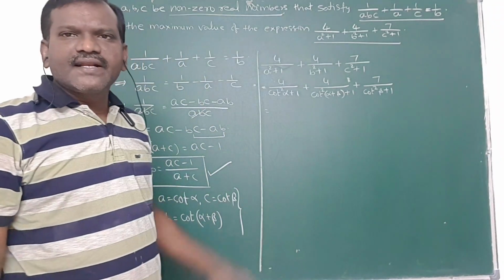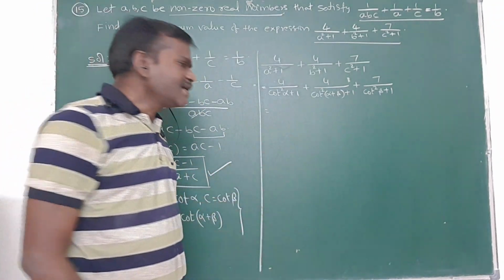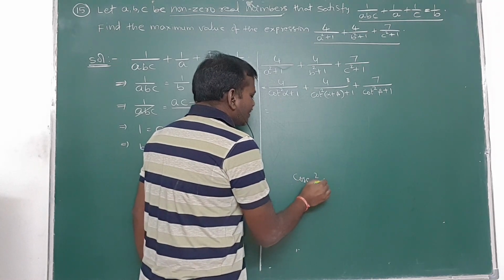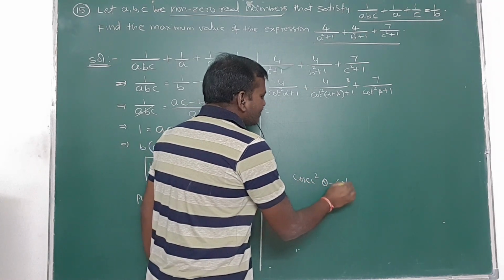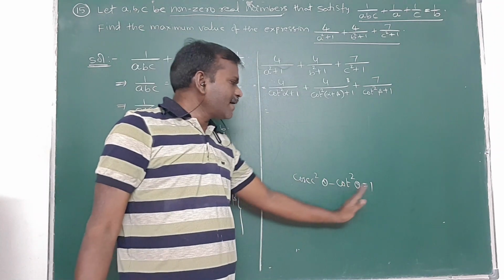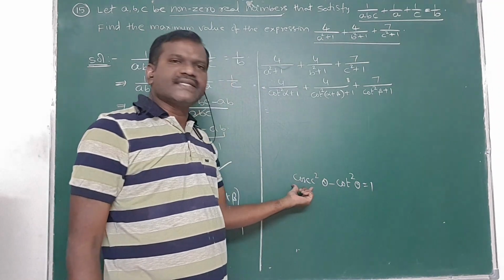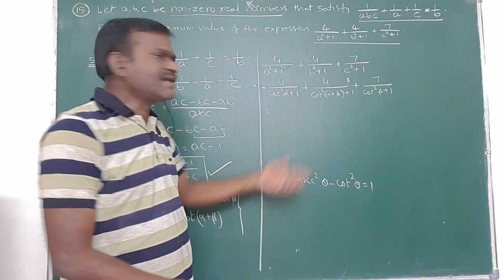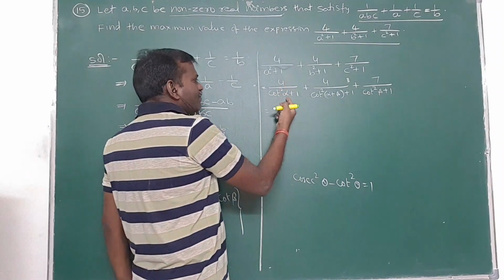Regarding the relation between cot theta and cosecant theta, we know that cosecant square theta minus cot square theta is equal to 1. That means cot square theta plus 1 is nothing but cosecant square theta. Cosecant is nothing but 1 by sin theta, the reciprocal of sine, so all are in the denominator only.